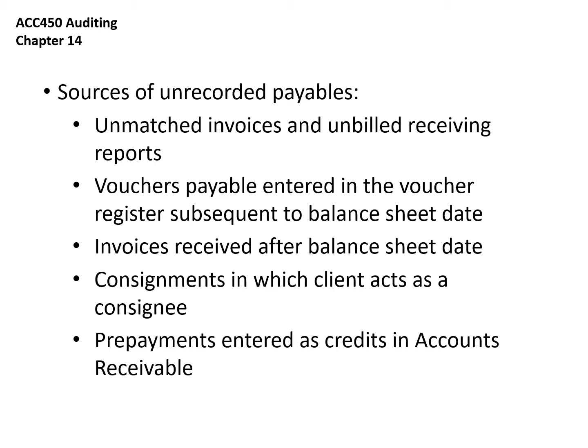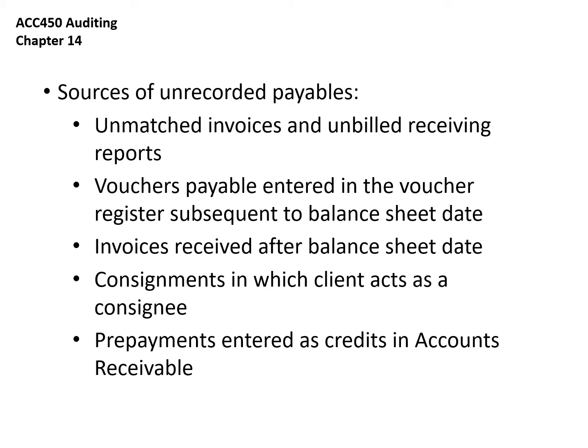Well, if that relates to product that was purchased FOB shipping point in December and it was shipped in December, but the invoice didn't come until January, again, it should be recorded as inventory and it should be recorded as accounts payable at year end. So those would be some ways that we could find some things that haven't been entered in the system.